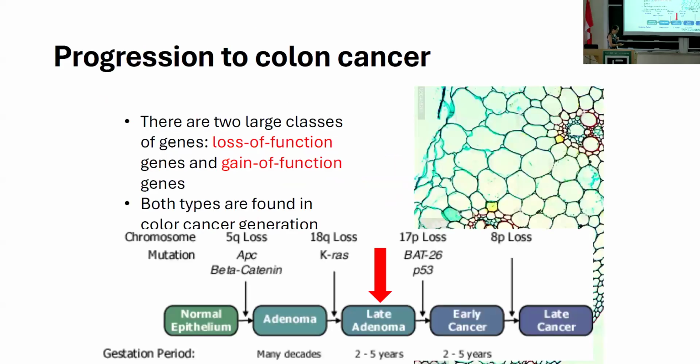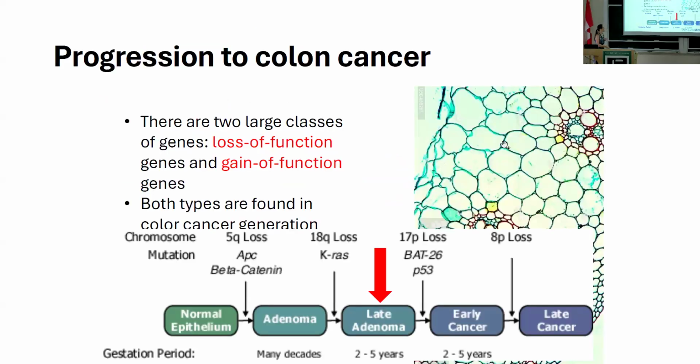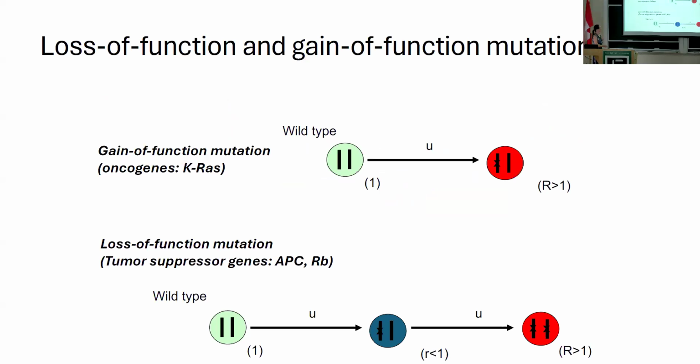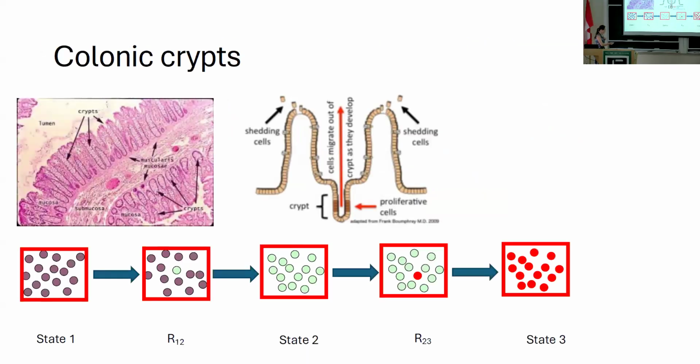So we look at the transformation of cells from wild type to mutant, and we take into account all these steps, the tumor suppressor gene, the oncogene, these things.